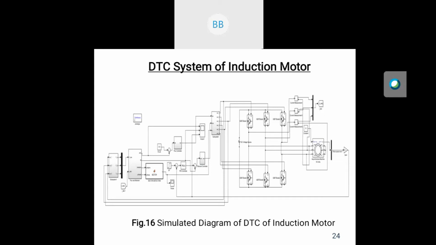On the other hand, the psi, that is flux, and m, that is torque, are fed to the flux and torque controller, where they are compared with their reference values of flux and torque. The output of these flux and torque controllers are given to the voltage vector selection subsystem, where an optimum voltage vector is selected on the basis of the switching or lookup table. After selection of the voltage vector, it sends pulses to the inverter switches, and the inverter is then fed to the three-phase induction motor.